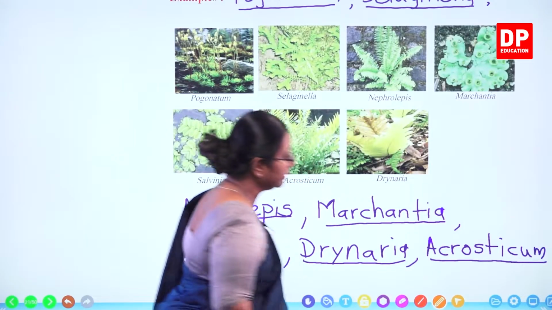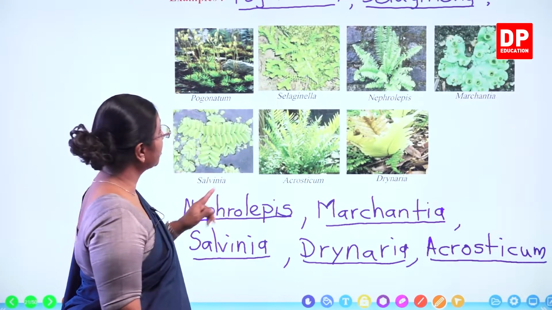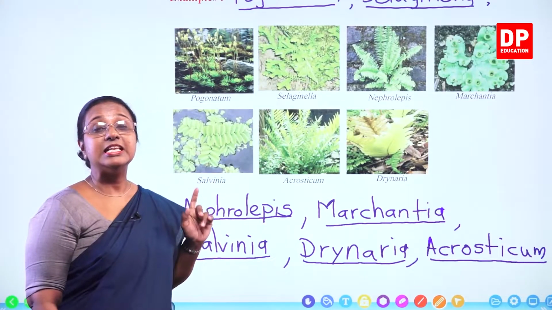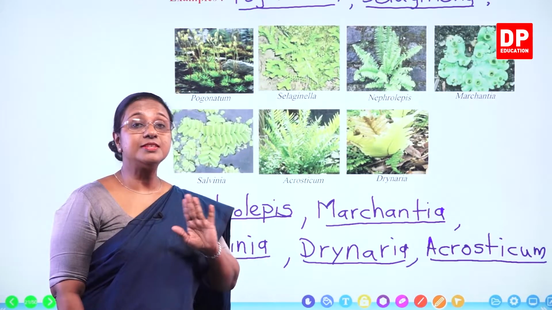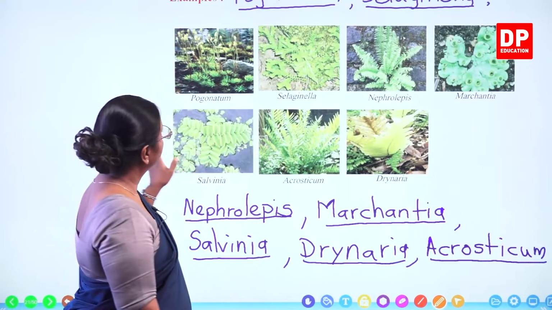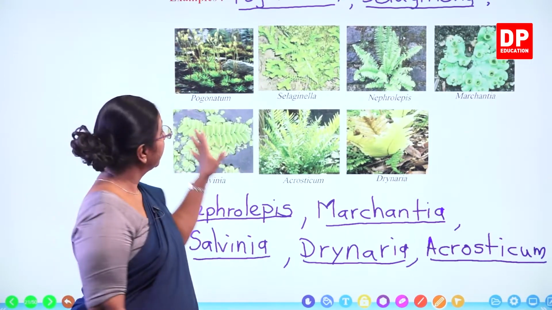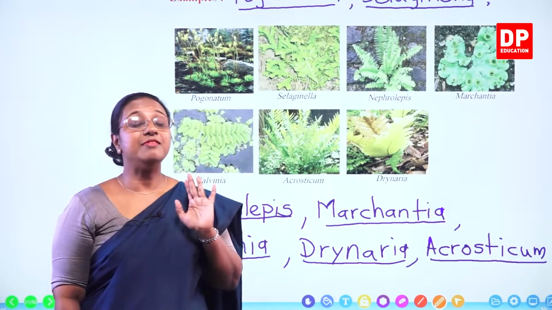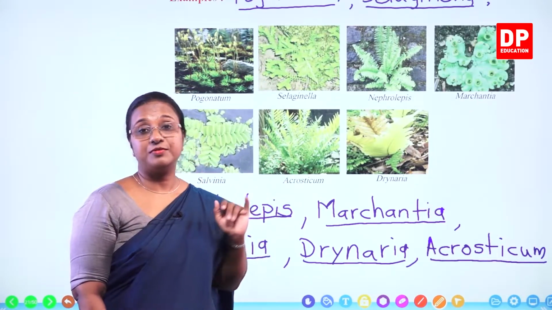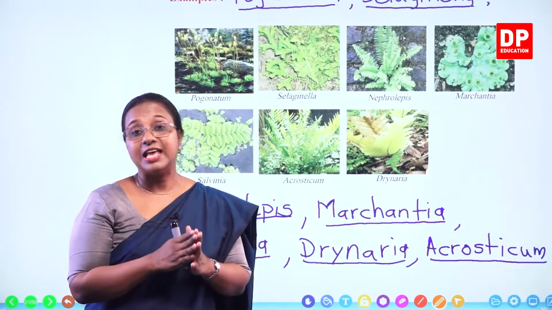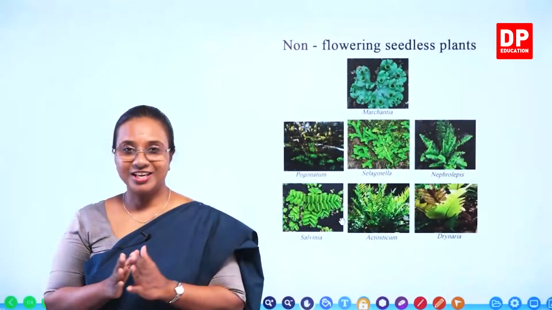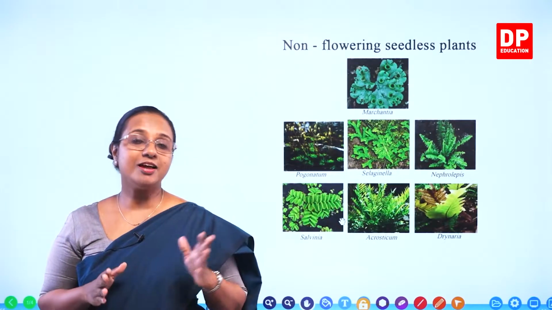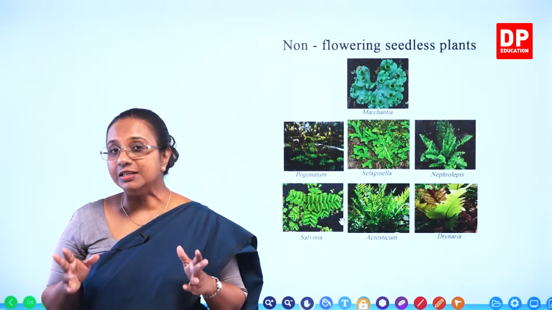So these are the plants that are examples of non-flowering seedless plants. No flowers, no seeds. So with that introduction, students, you have seen these examples. We will go to the lab and we will try to observe some of these plants and see what their structure is. Okay, students. So I told you all I will take you all to the lab to show the non-flowering plants.